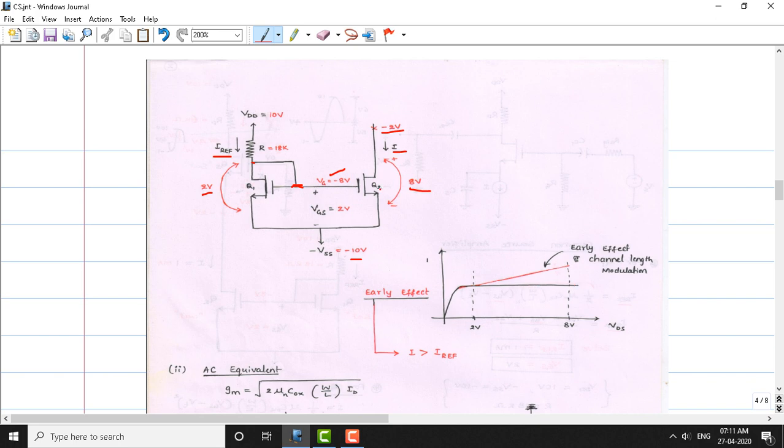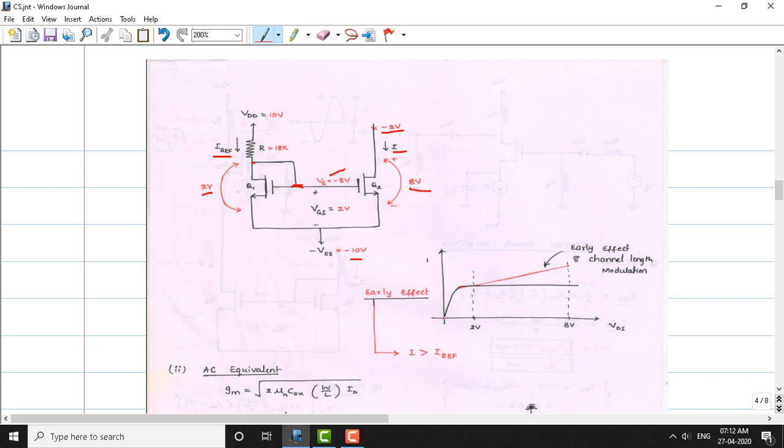This circuit works very well, and the current flowing in this branch will be a mirror of this current, provided these two transistors are identical and, moreover, ideal. Then the current flowing here will be the same as the current flowing here.